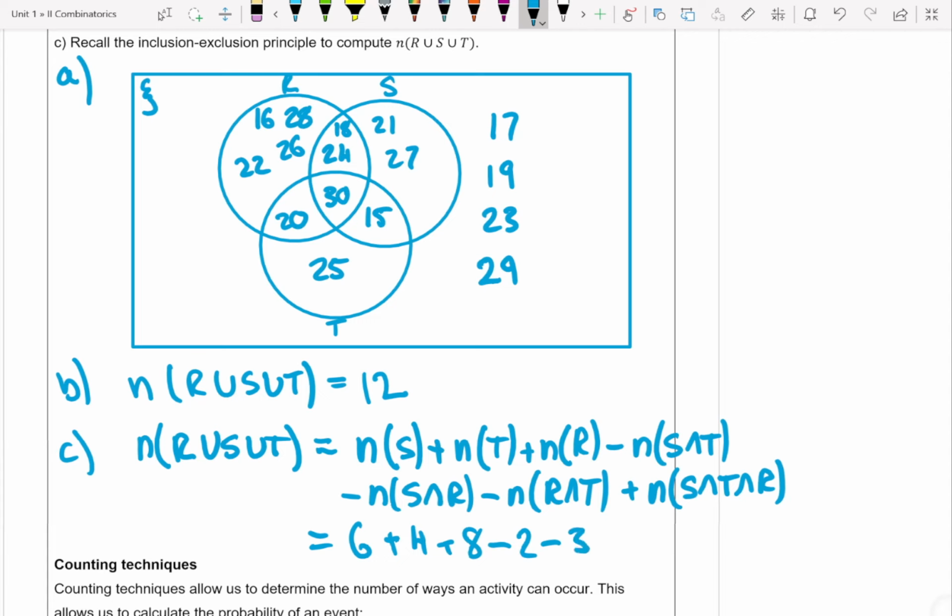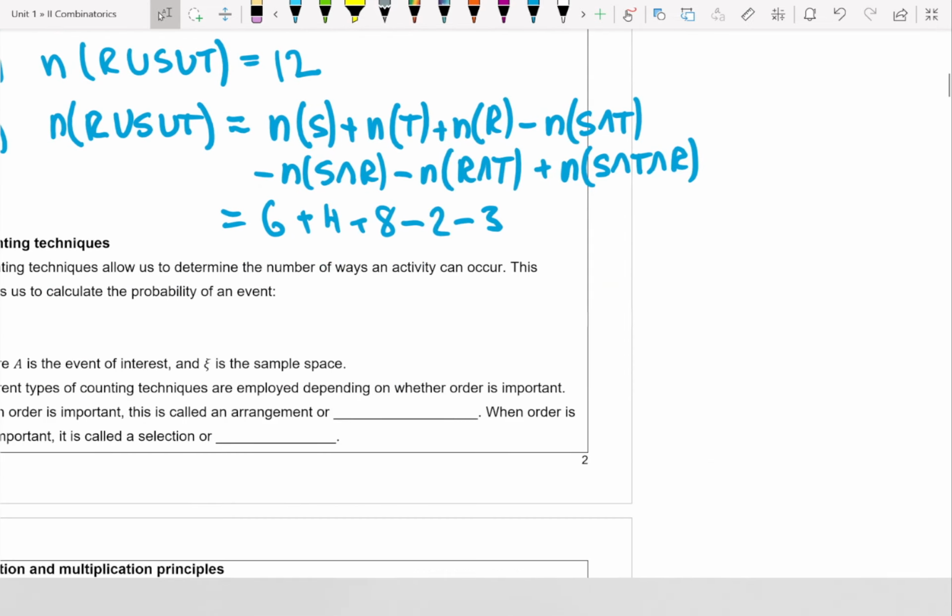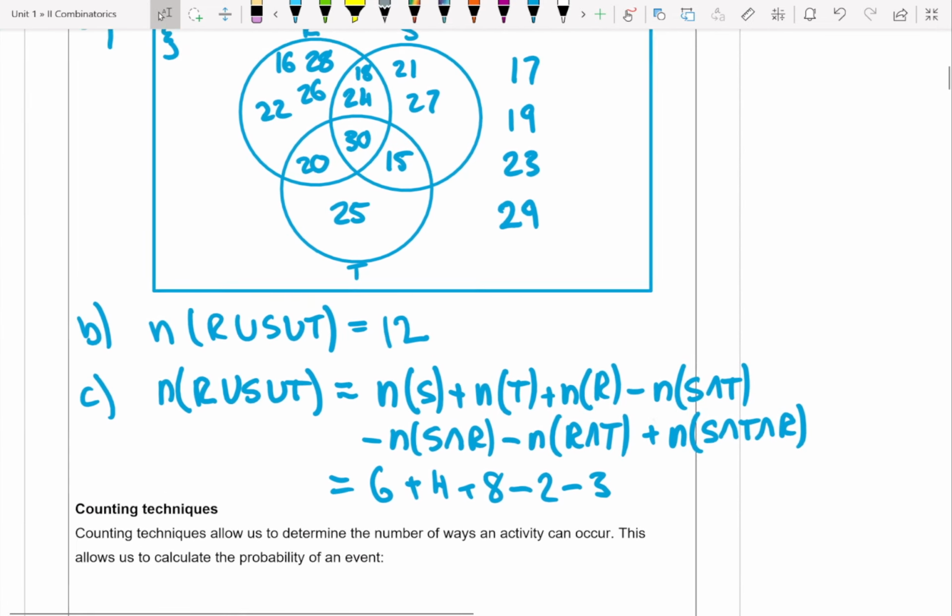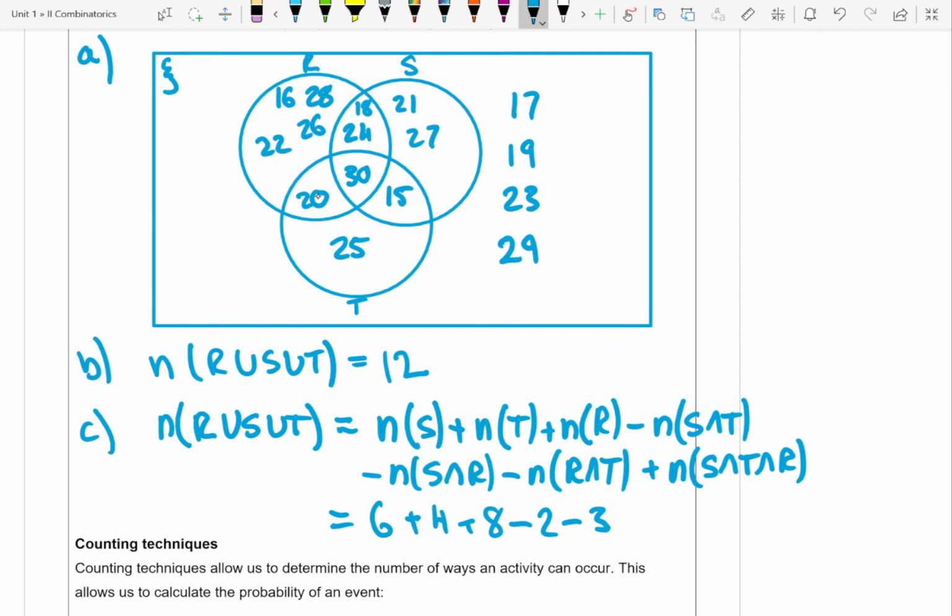The number in the intersection of R and T is going to be 2 numbers. And then we have to add back the 1 that we lost in that process. So we get 10, 18, minus 2 is 16, minus 3 is 13, minus 2 is 11, plus 1 is 12. So we got the same answer, which is good. That's what we were looking for.